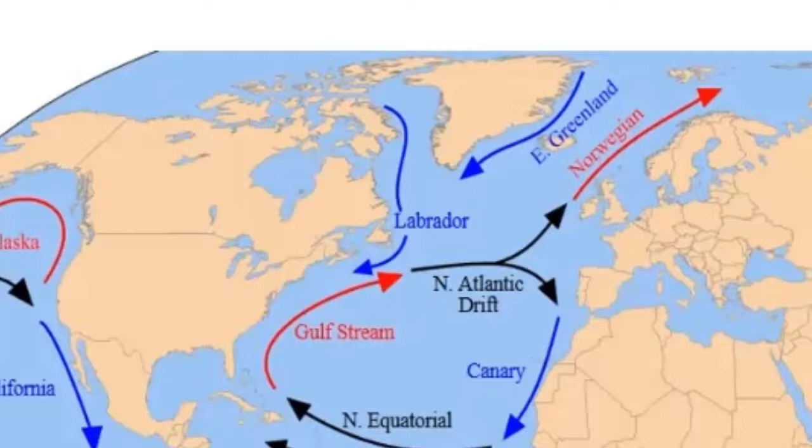You may find a current going north. You may find a current going southwest. It's kind of like our weather, where we have prevailing westerlies, but sometimes the wind comes out of the east or south. And these countercurrents do occur.